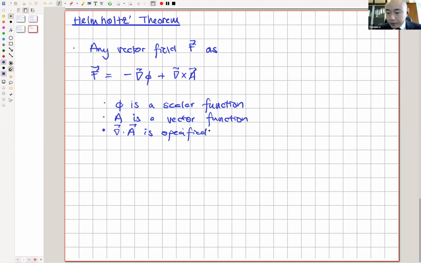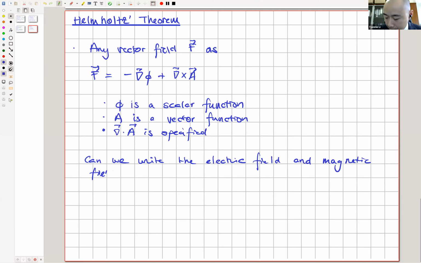And so the question that we're going to explore is whether we can write the electric field and magnetic field in terms of phi and A, which in this case we will simply refer to as potentials.